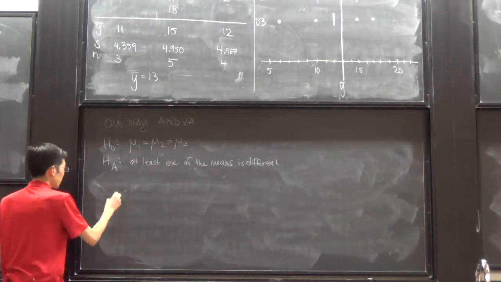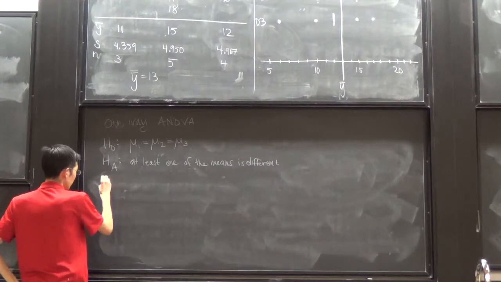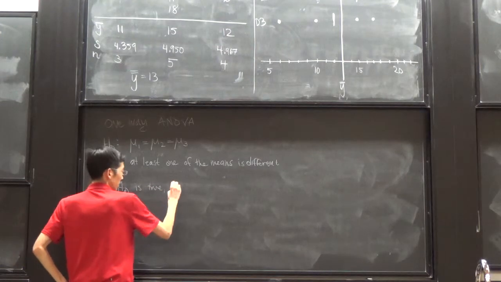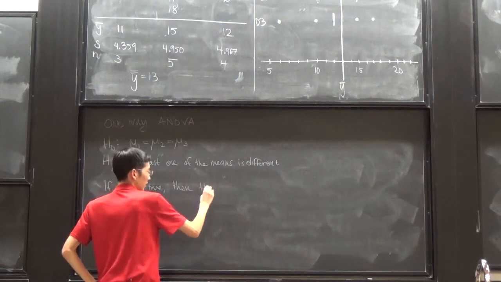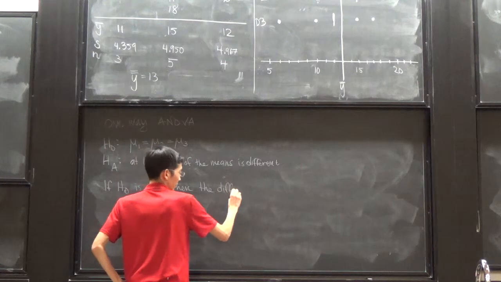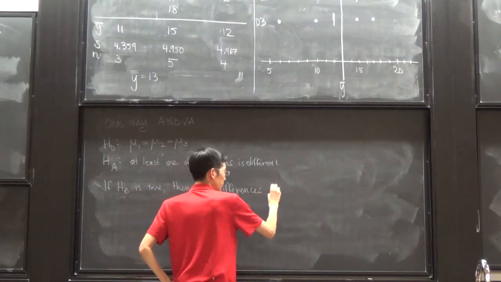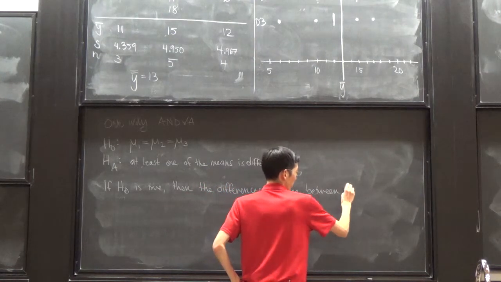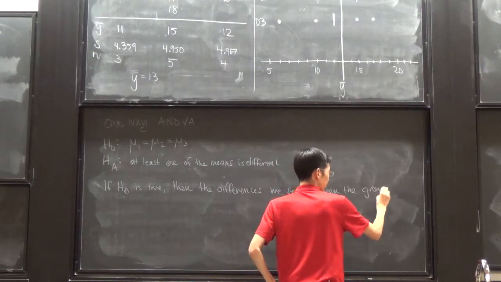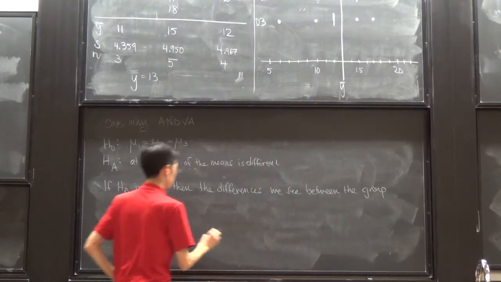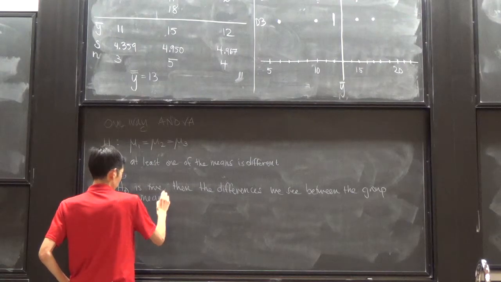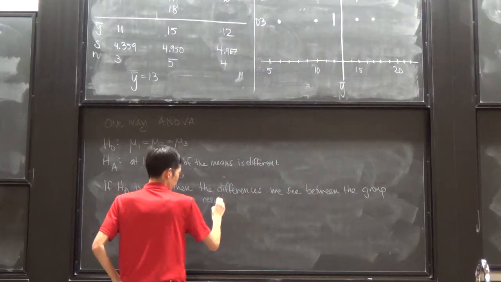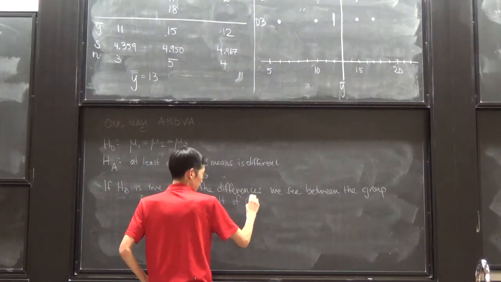So again, the null hypothesis: if the null hypothesis is true, then the differences we see between the group means are due to chance alone.